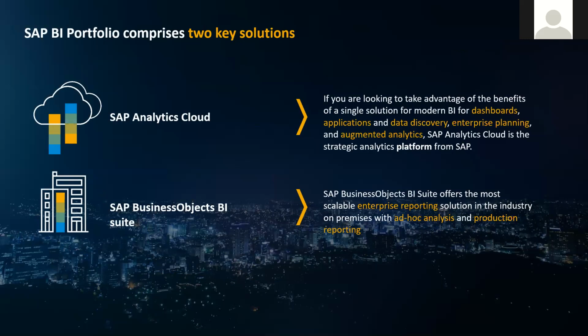And we call it an analytics platform because it's not just comprised of business intelligence, but on top of that, we have the planning, we have the augmented analytics capability, and we also have the ability to build analytic applications. And we have the Business Objects BI Suite to cater for our on-premise enterprise reporting. So this has been our enterprise reporting solution for a number of years, where we've built a lot of experience and we still keep investing in it.